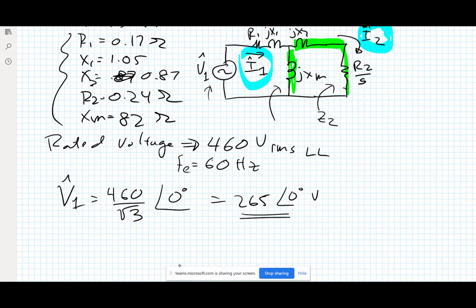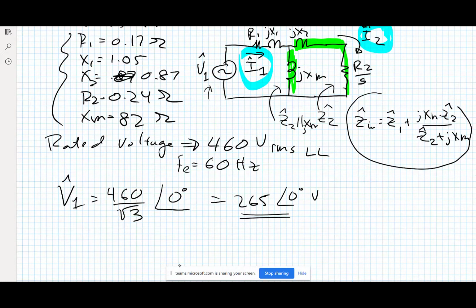I could call this Z2, the rotor impedance. Looking in here, it's basically Z2 in parallel with jXM, and then I've got to add the stator impedance to it. So I've got to find a Zin, which is Z1 plus jXM Z2 over Z2 plus jXM.